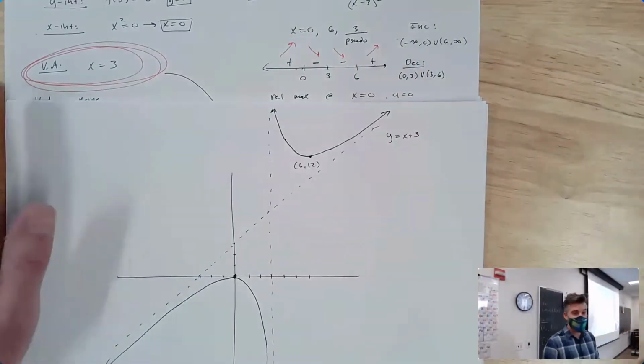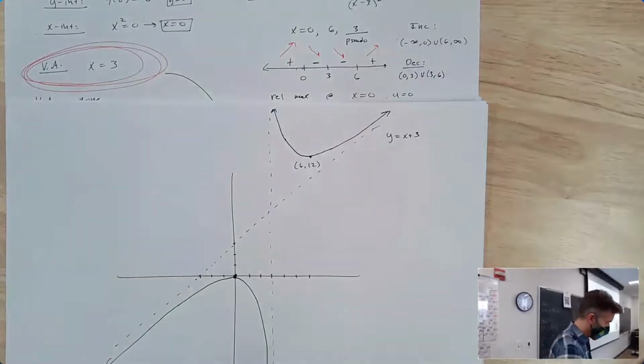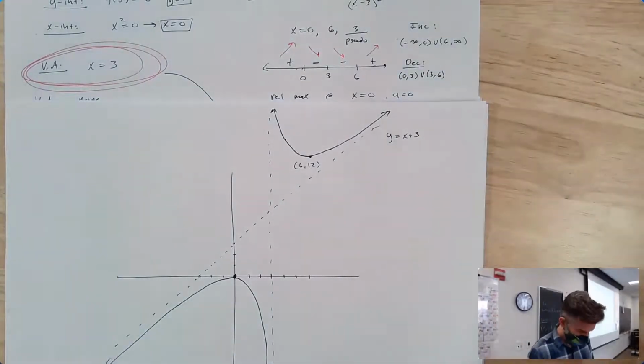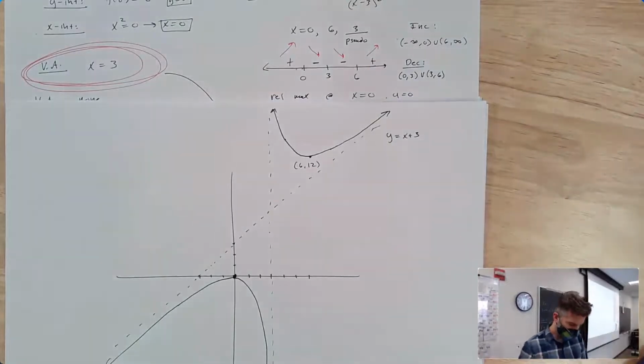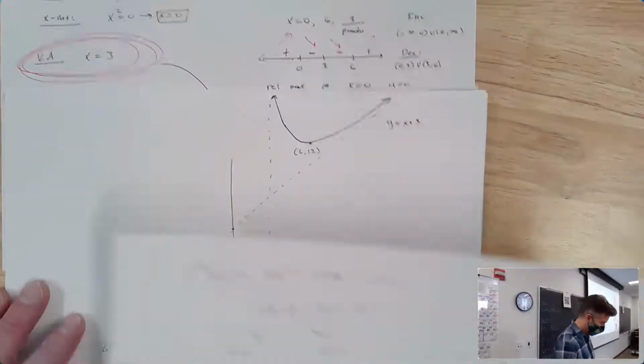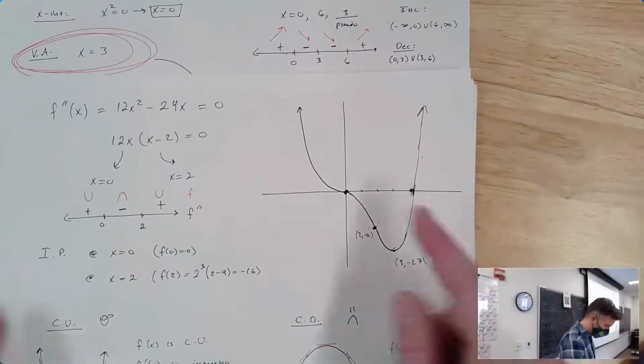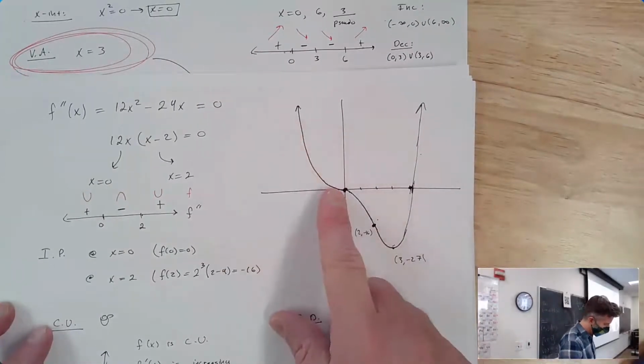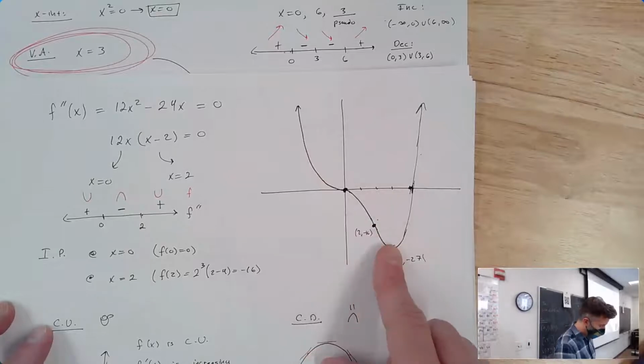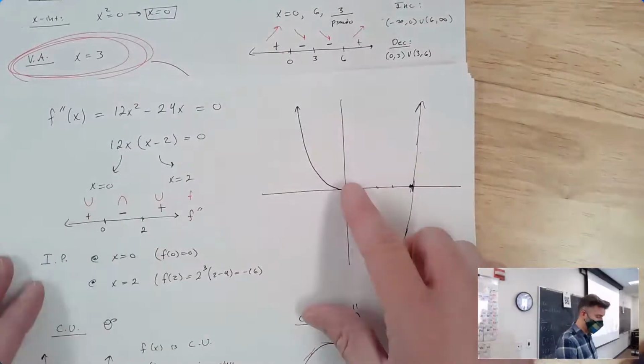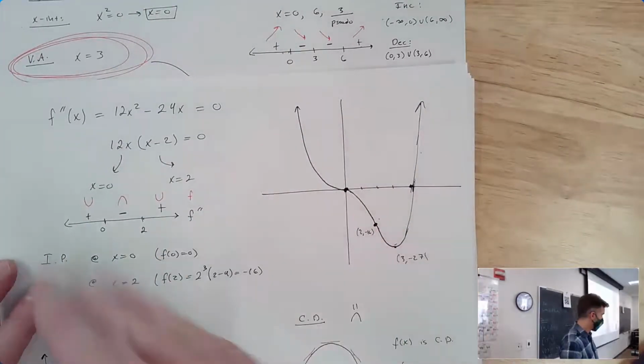That's a little different than the first function we looked at, because that one was defined. That function was decreasing from -3 to 0 and 0 to 3. But we got to write that as one interval because it was defined at the place where you had a critical point.